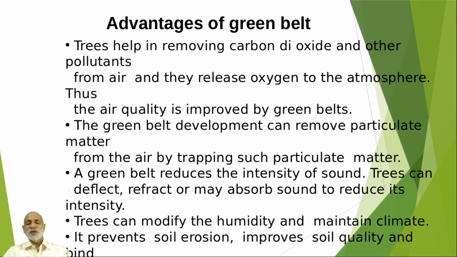Trees can deflect, refract, or absorb sound to reduce its intensity. Trees can modify the humidity and maintain climate. It prevents soil erosion, improves soil quality, and binds soil particles. So you are given in a nutshell the advantages of a green belt.